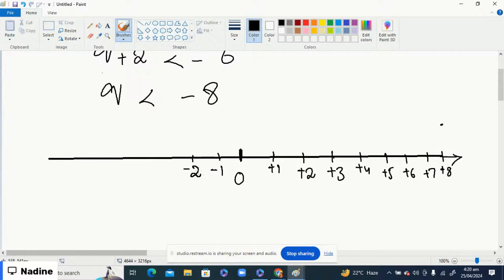On this side it should be negative. Q is less than, it means negative 8 to this side, like negative 9 and negative 10 and all that. Understand? So in this way we are going to use the inequalities. Let's do one more.